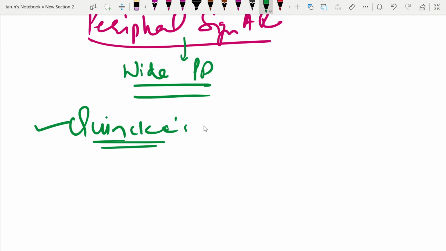You will see this Quincke sign on the nail beds. There is blanching and quick refilling of the blood vessels on the nail bed. When light pressure is applied to the tip of the fingers or the nails, there is alternate flushing and pallor of the nail bed.